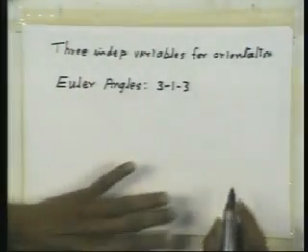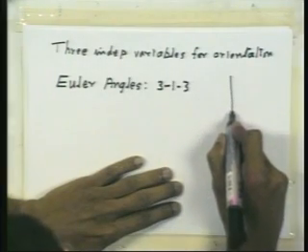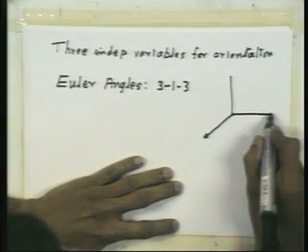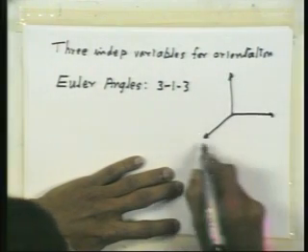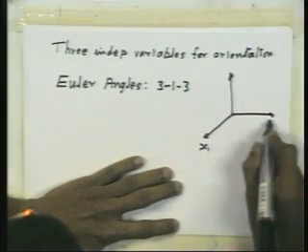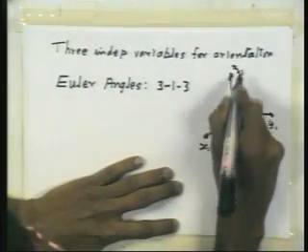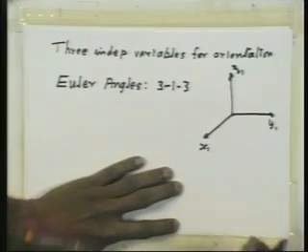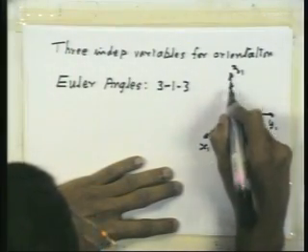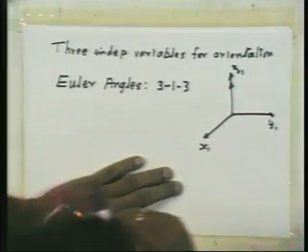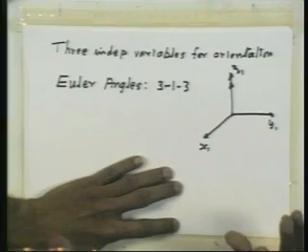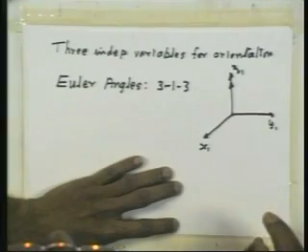So the way he obtains the rotation matrix or the new position of a body. So let me call this x1, y1, z1. This is a global frame. Initially, imagine that the local frame is coinciding with the global frame. Fine. And then you rotate the local frame with respect to the global frame about the local z1 axis.